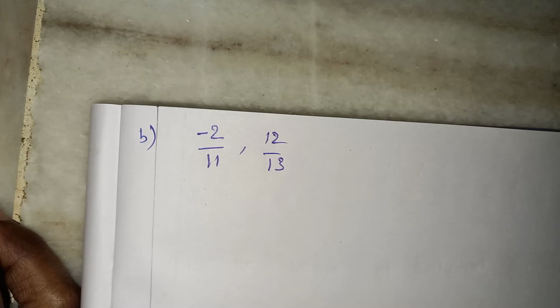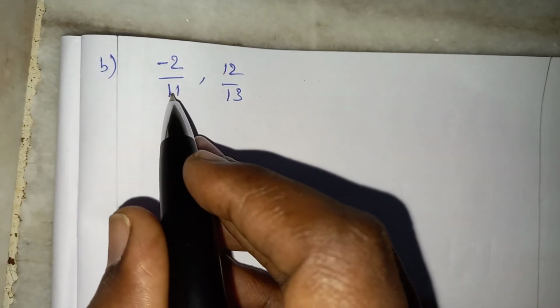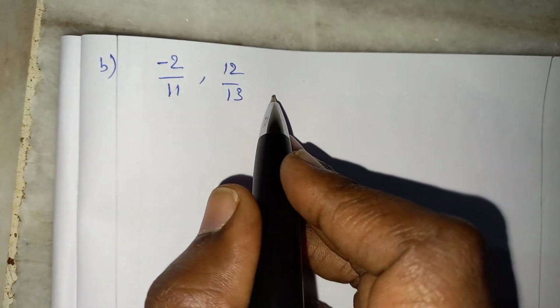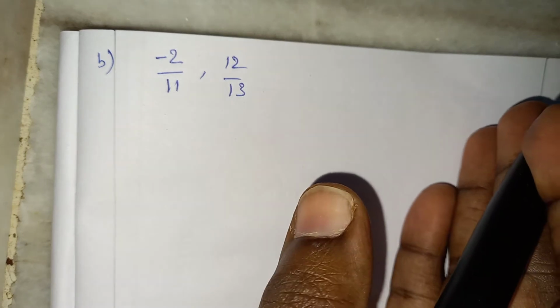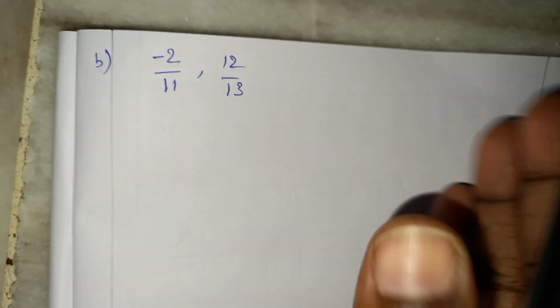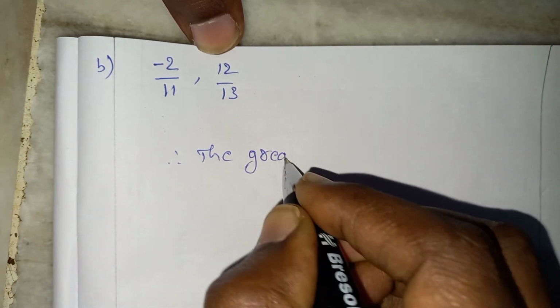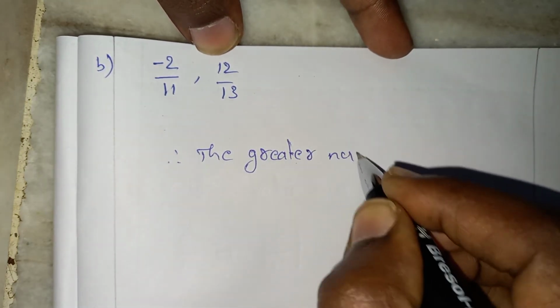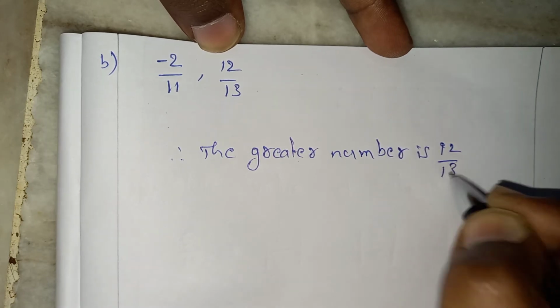Okay. We need not do any method here. We just have to use some common sense, because one is a negative number and the other one is a positive number here. So which is greater? Obviously the positive number is greater. Therefore the greater number is 12 by 13.